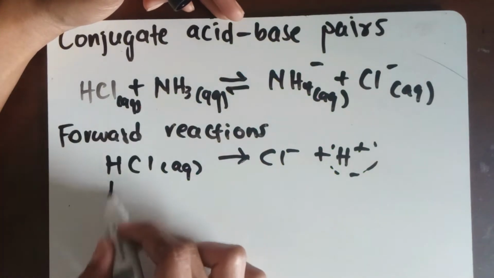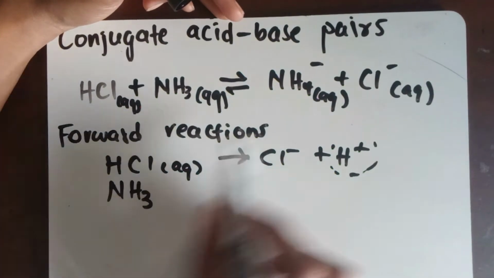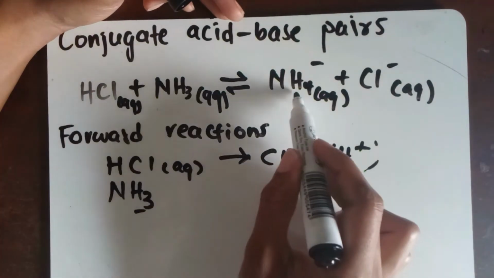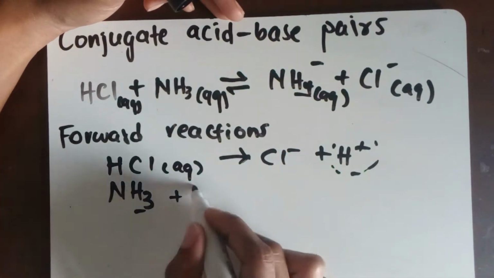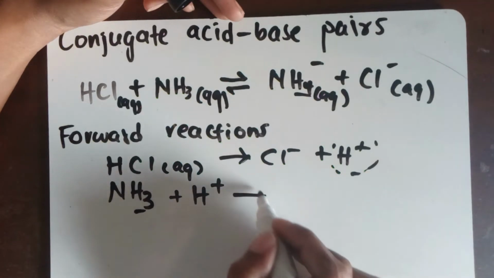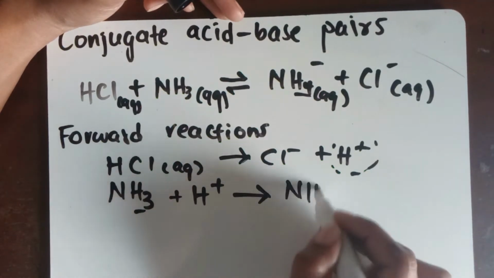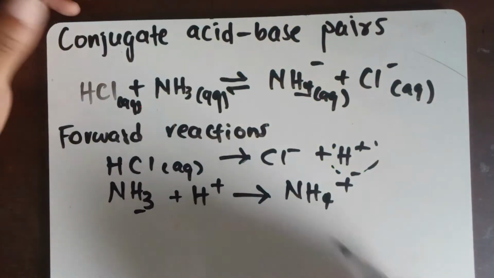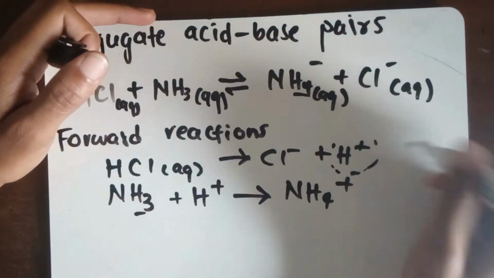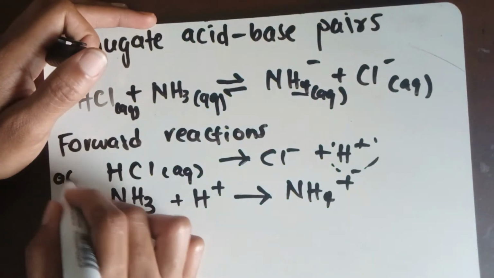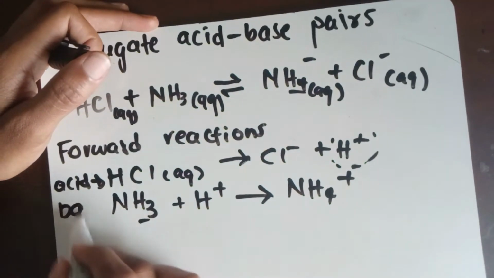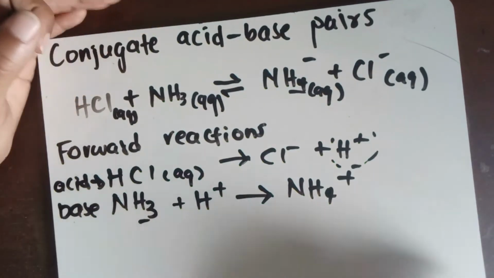But additionally, we also have NH3, which acts as a base because it accepts a proton. Remember, we had H3, here we have H4. So it accepts that proton to form NH4 plus. So like we mentioned, HCl is an acid and ammonia is a base, right? Cool.